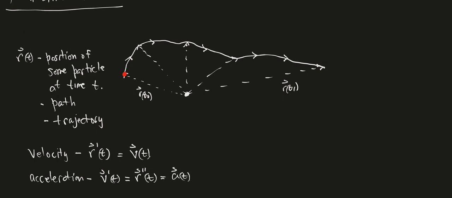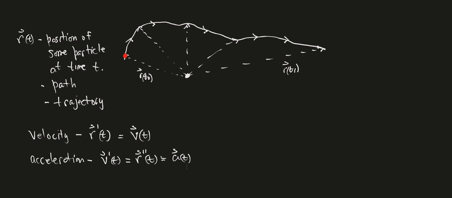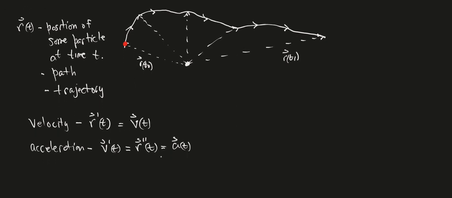But this is a vector function, hence its first and second derivatives are both vector functions. The other thing I want to define in this initial group of quantities is the speed.